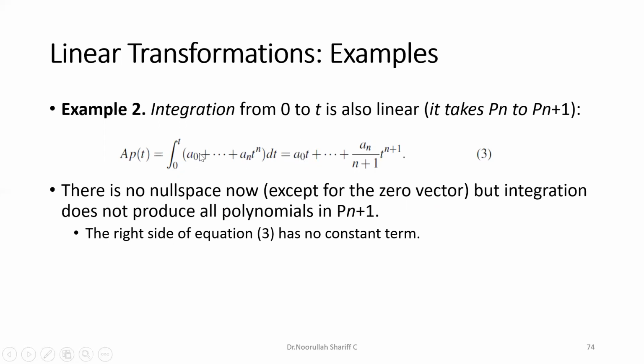Here we have a constant, then A1 will be the coefficient of t, similarly An will be the coefficient of t to the power of n, whereas here we don't have a constant, only coefficients of t squared, t cubed, and up to t to the power of n plus 1. So because there's no constant term, integration does not produce all polynomials in Pn plus 1.